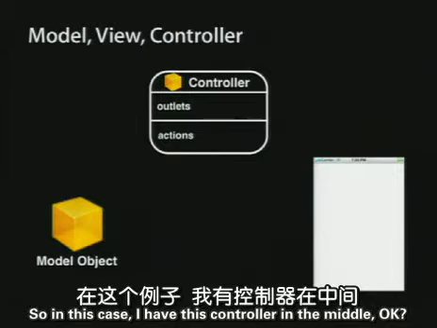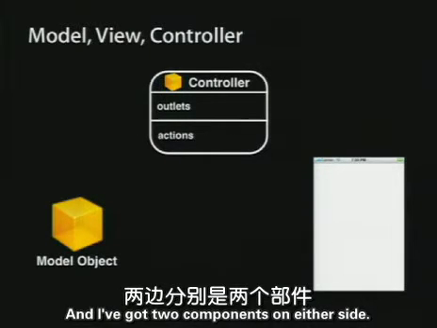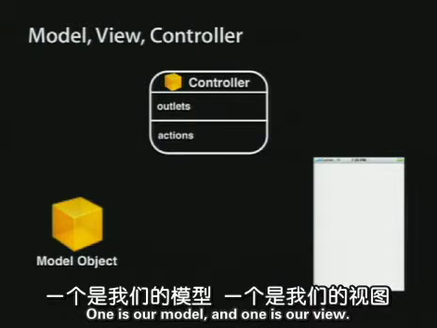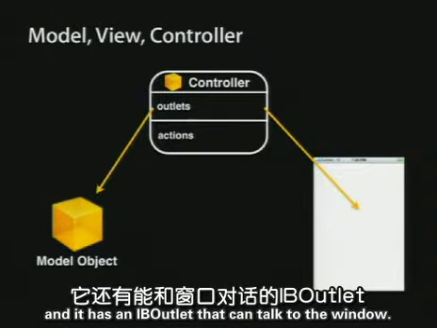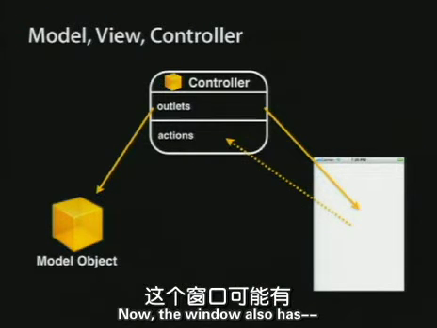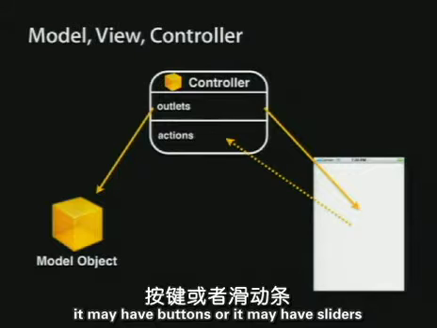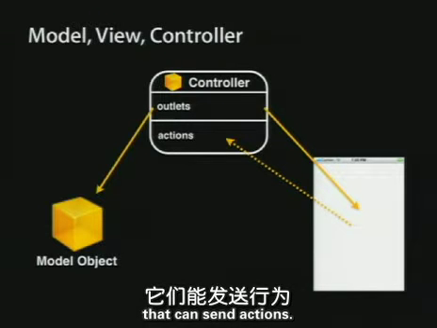So in this case, I have this controller in the middle, and I've got two components on either side. One is our model, and one is our view. The controller has outlets so that it can talk to the model, and it has an IBOutlet that can talk to the window. Now the window may have buttons, or it may have sliders that can send actions.